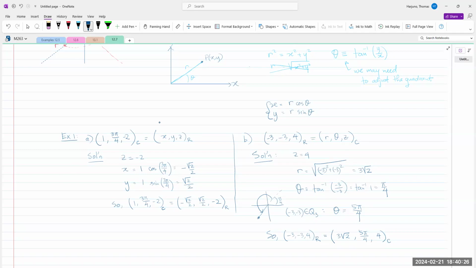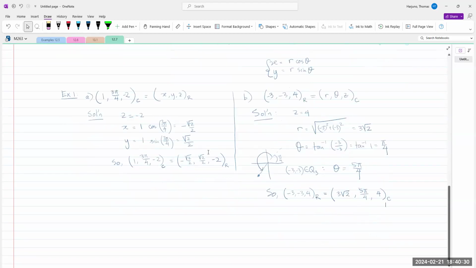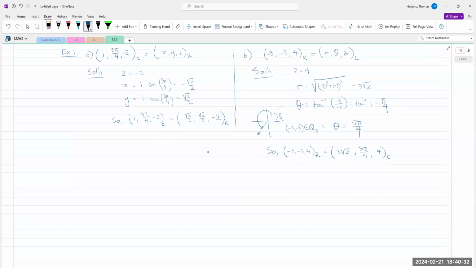Okay, now let's see further the reason we learn the cylindrical coordinate system. It has a lot to do with what you learn in trigonometry and in calculus 2. Now, for example, sketch the graph of r equals 4 sine theta.